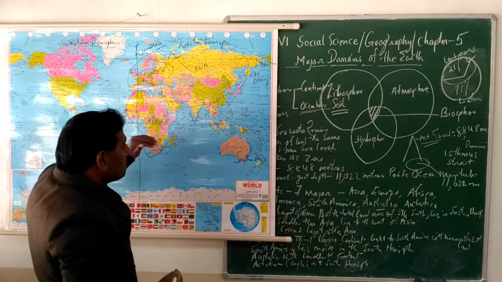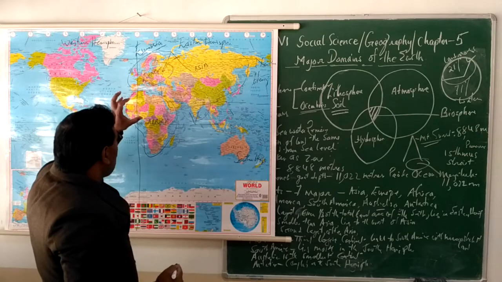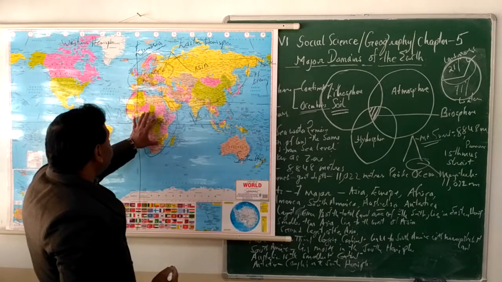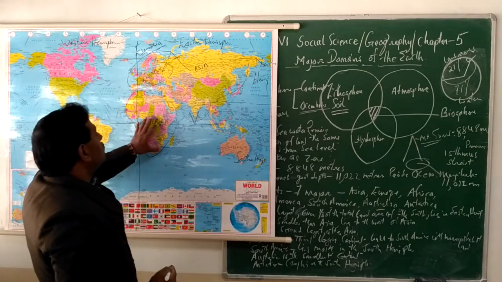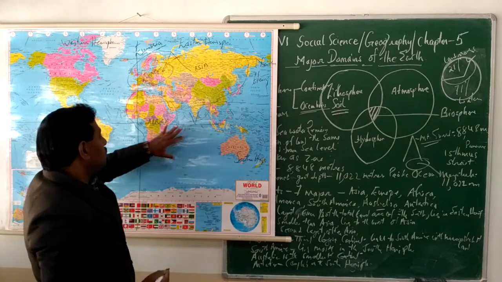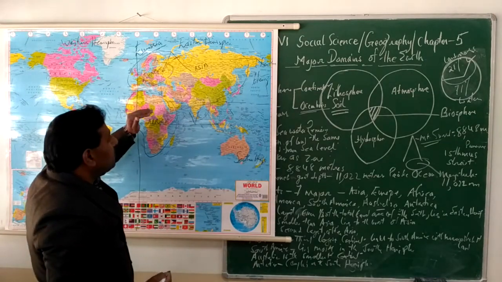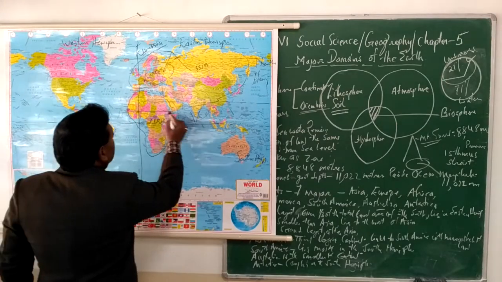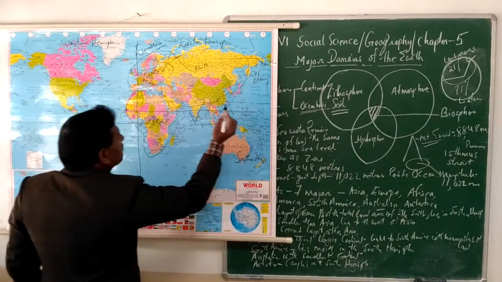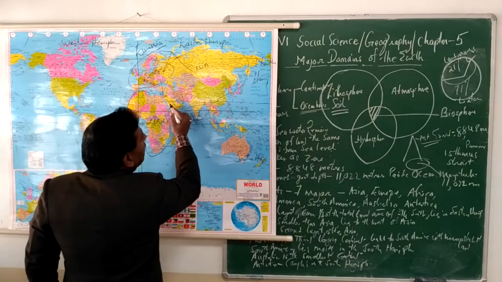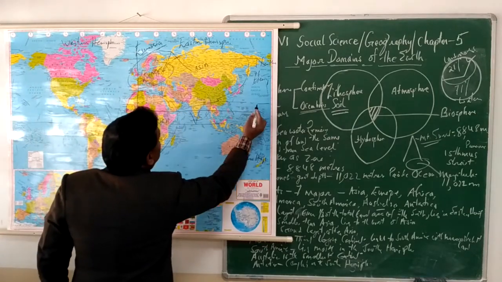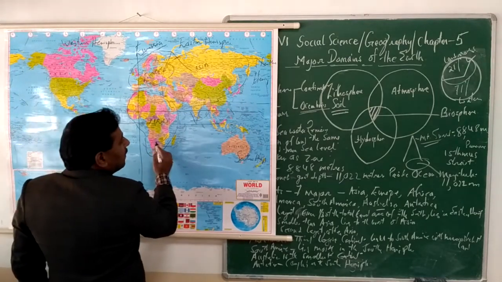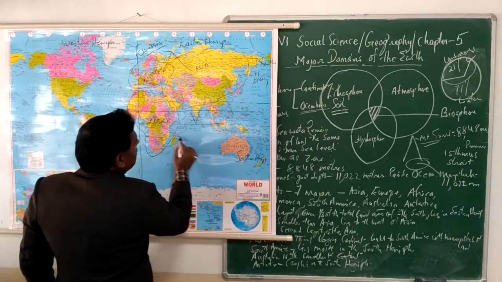And one more important thing is that all the three important latitudes pass through Africa. The equator, then the Tropic of Cancer, this is your Tropic of Cancer, which passes from here, and you have the Tropic of Capricorn also, which passes from here.